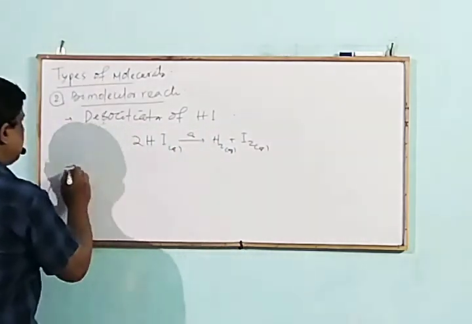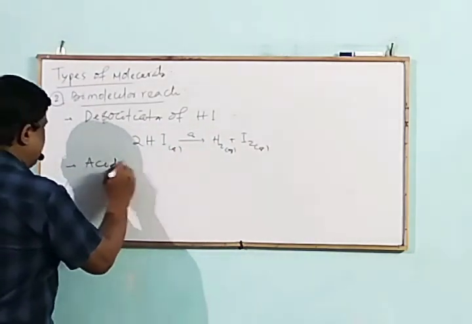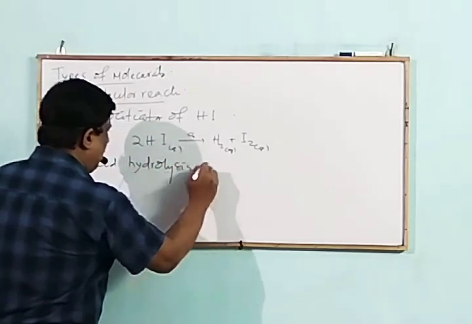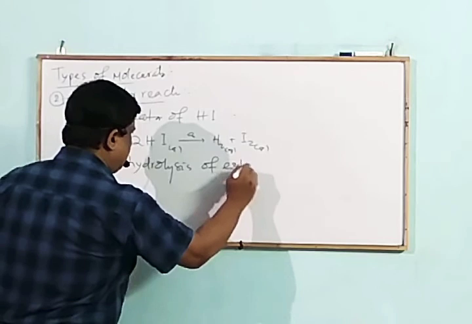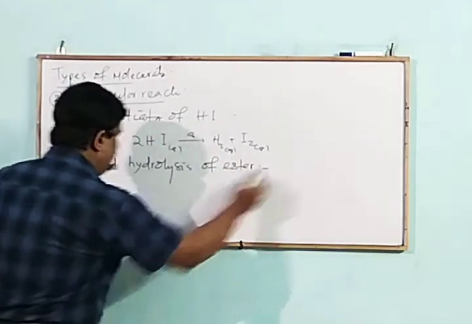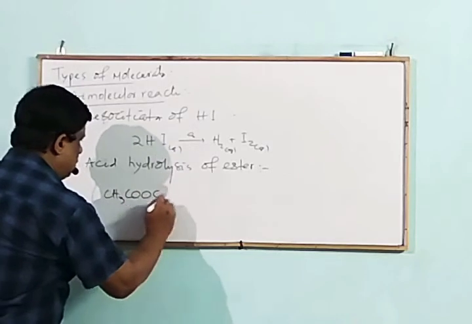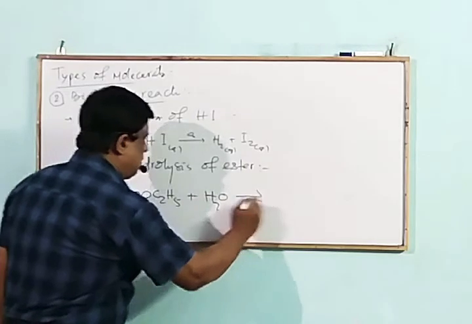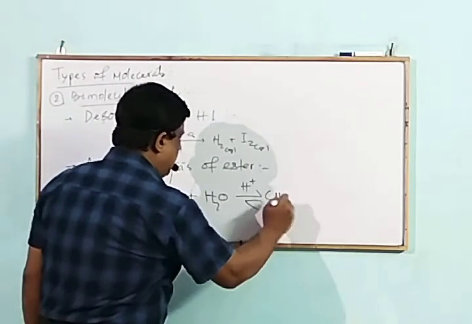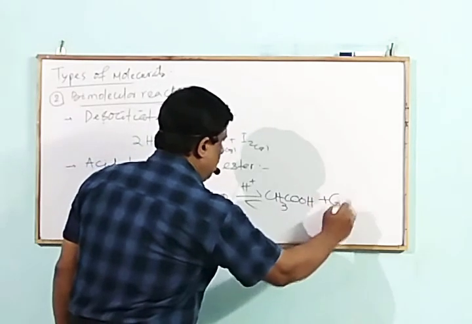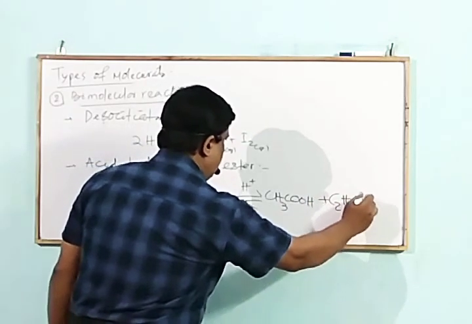Next one is acid hydrolysis of ester, that is CH3COOC2H5 plus H2O in presence of mineral acid gives acetic acid plus ethyl alcohol.